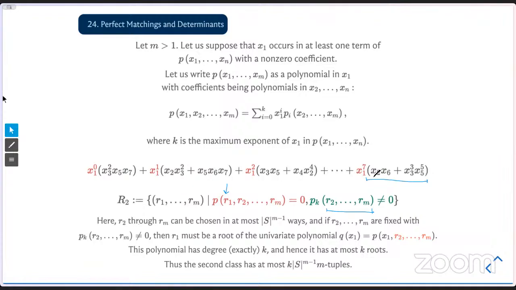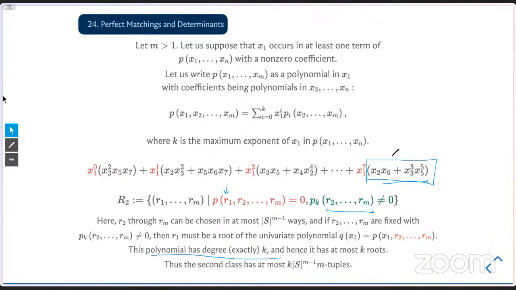And this is where I think Jayati's question was, why are we stuck with the polynomial pk? This is because when we plug in values from R2 through Rm, we end up with a polynomial of degree exactly k. I'm just wondering if we had worked with a lower order term, maybe this would have still been true. But anyway, this polynomial has degree k for sure, because we know that R2 through Rm is not sending this to 0.